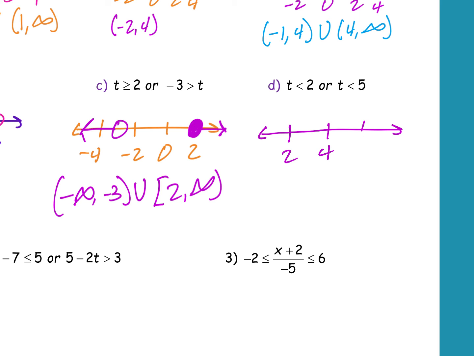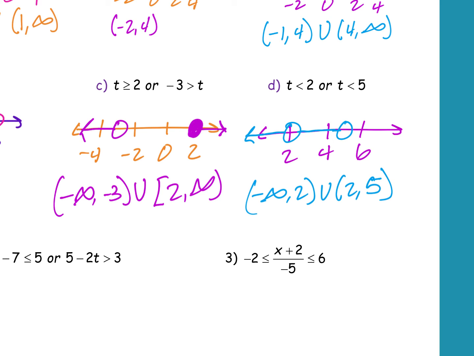Then 2, 4, 6. T is less than 2, or T is less than 5. So on this one, I guess it would be -infinity to 2, joined with 2 to 5. Questions? Are we good? Yeah. Not too bad so far?